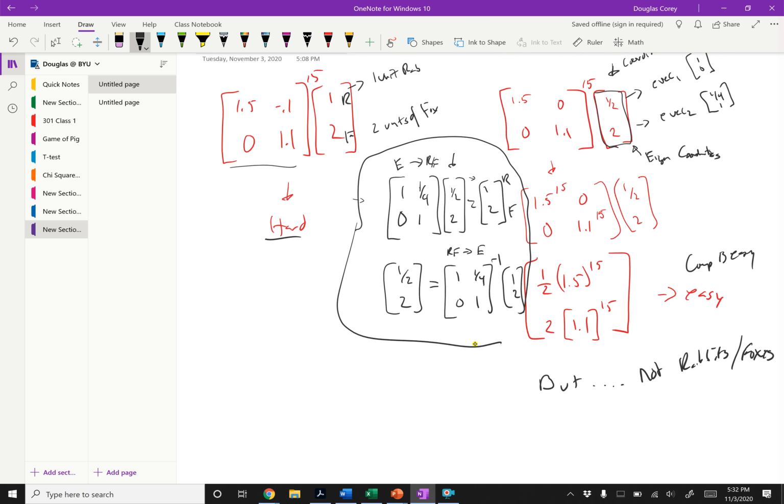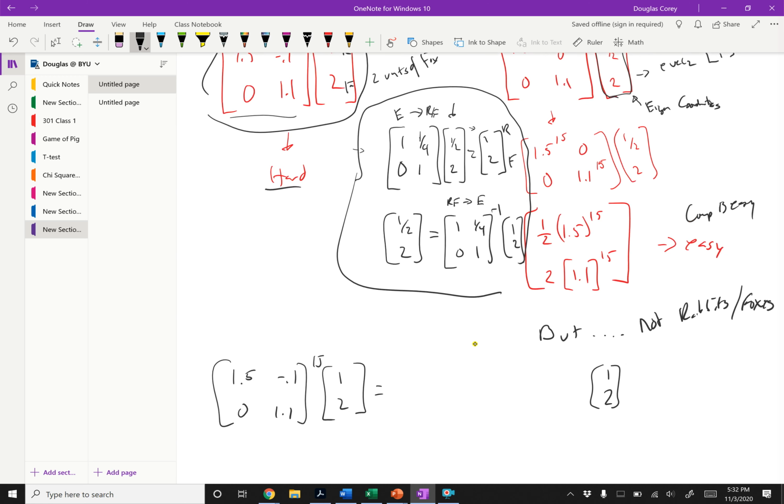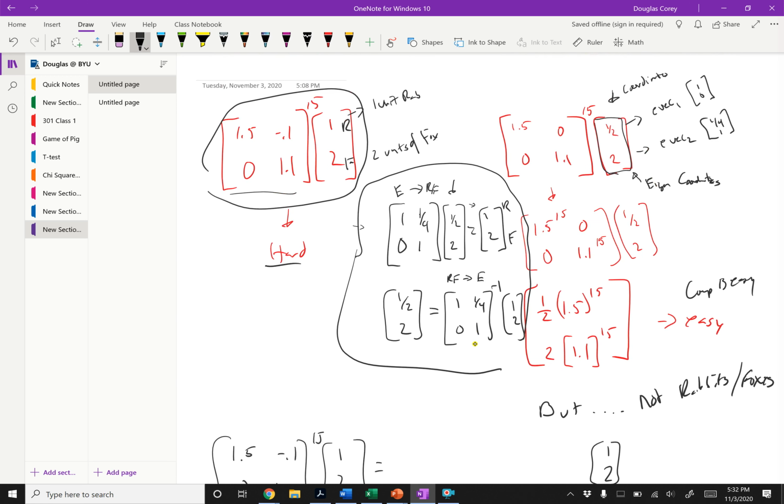So this is what I'd like to do. I'd really still want to do this, but I want to rewrite it in a different way. So I'm going to rewrite it down here: 1.5, 0, 0, 1.1 to the 15th times 1, 2. Now, I still want to start with rabbits and foxes, 1, 2. But what I want to do is figure out what I need to do to get this.